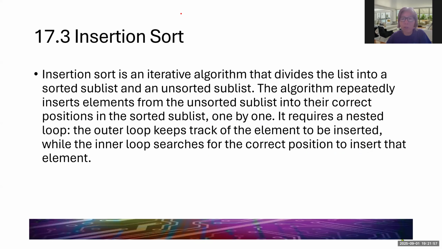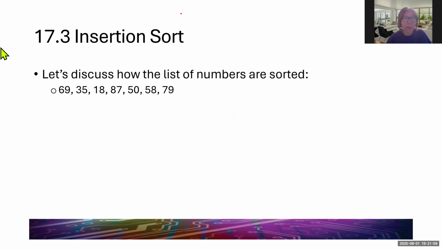Let's take a look at an example to have a better understanding of how insertion sort works. For insertion sort, the outer loop starts at the second element, and we call it the key. The key will move each time, advancing by one.